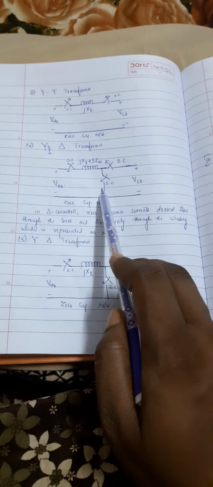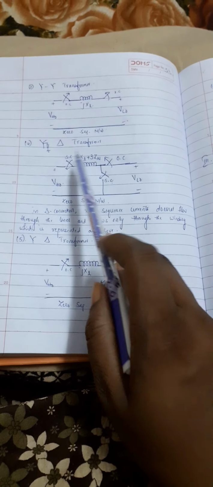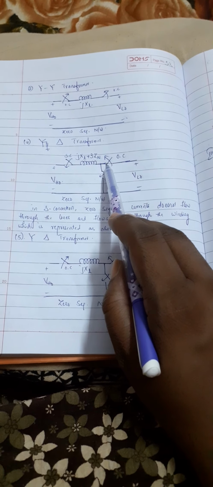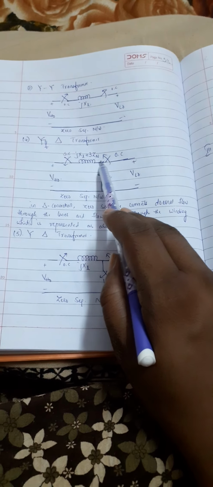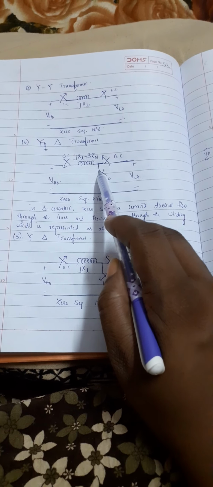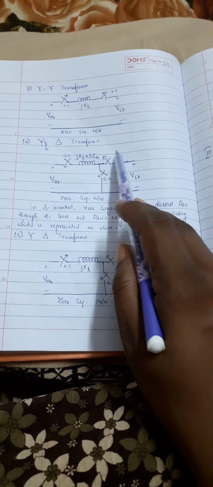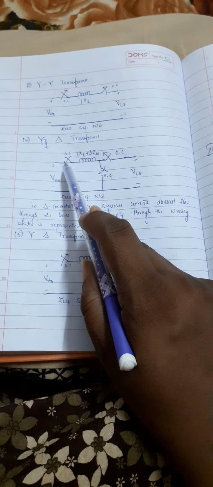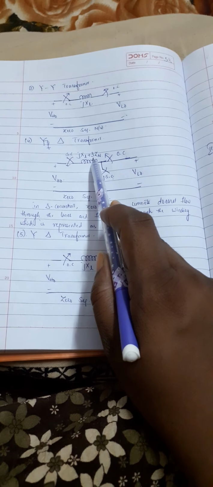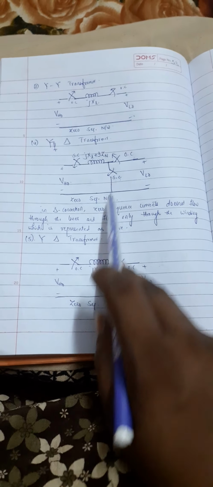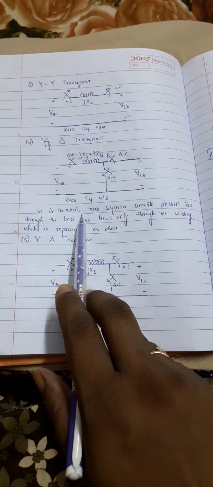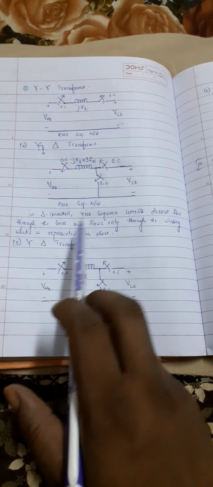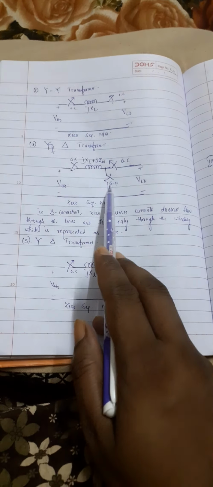So there is one more switch placed here when there is a delta connection. The current will not flow in the line but it flows through the winding. So this is short circuited and here it is open circuited. And since here it is short circuit, the impedance of the neutral is considered, it is 3 times Zn. So as mentioned here, in delta connection, zero sequence currents do not flow through the lines and flow only through the winding, which is represented as above.